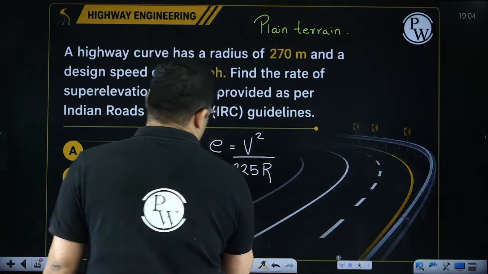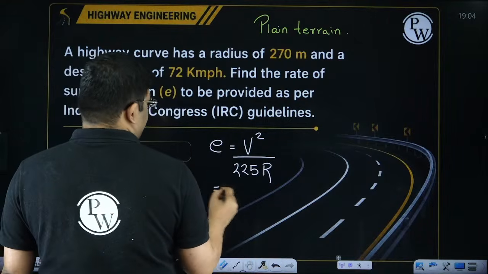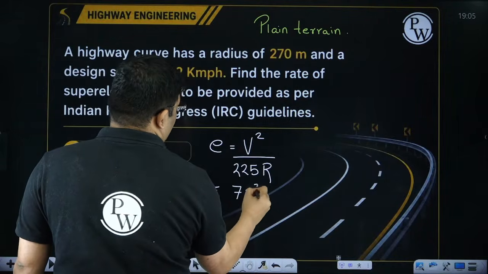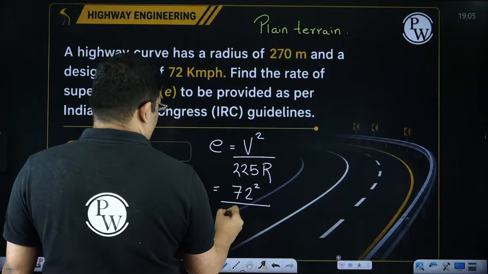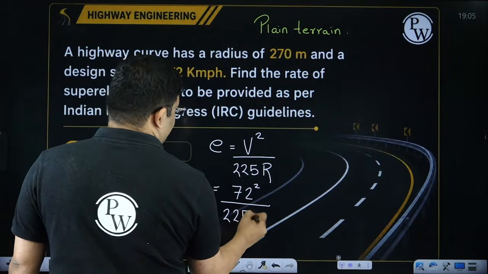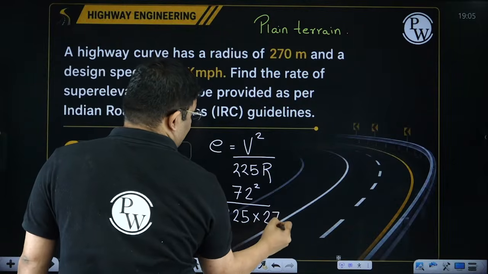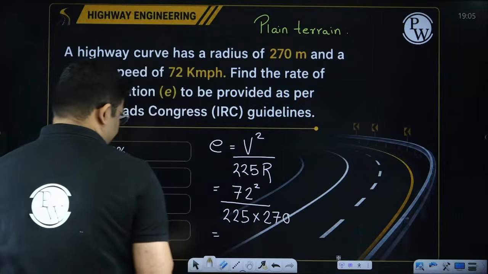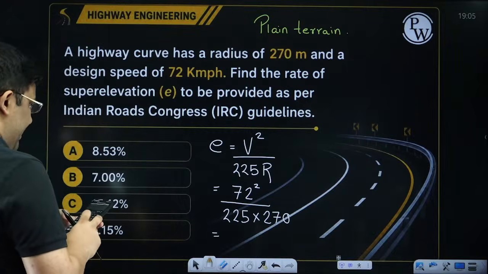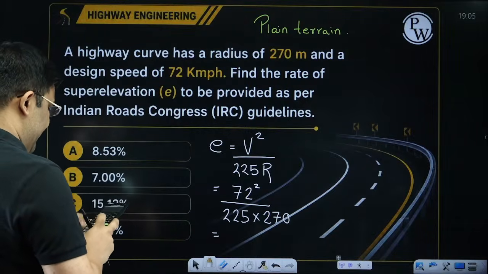So this will be equal to V, which is 72, square divided by 225. Then R is given as 270, right? If you calculate this, 72 square divided by 225 divided by 270, how much are you getting?